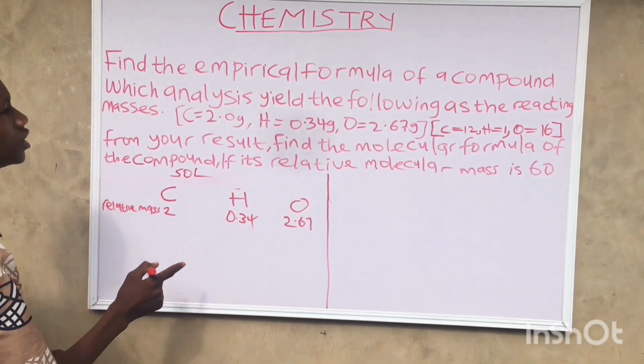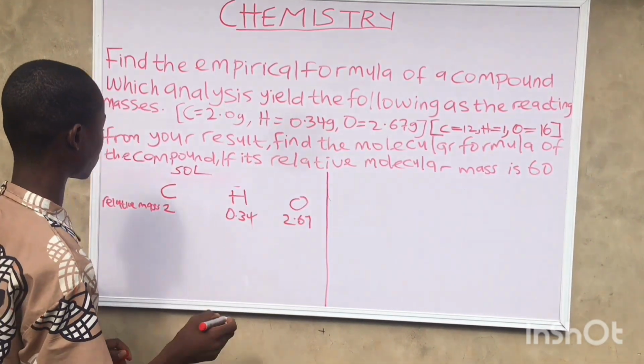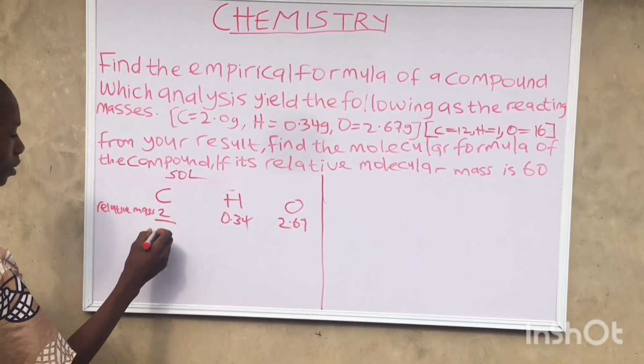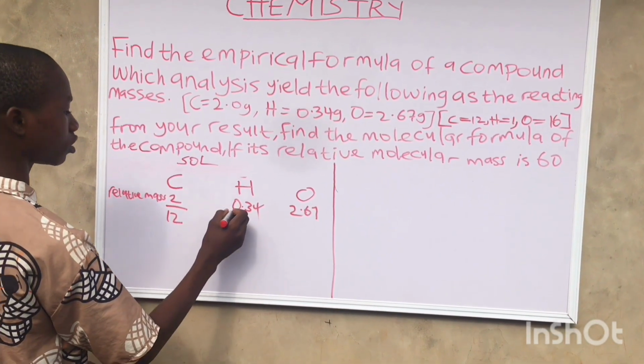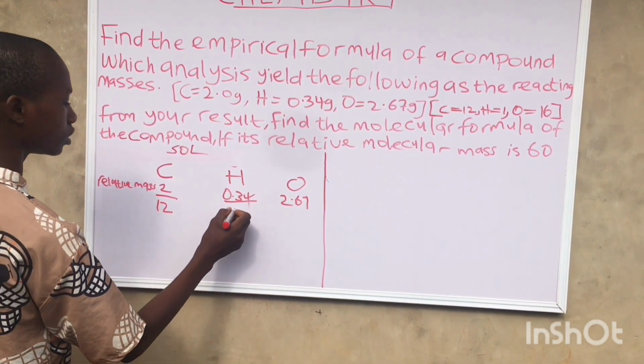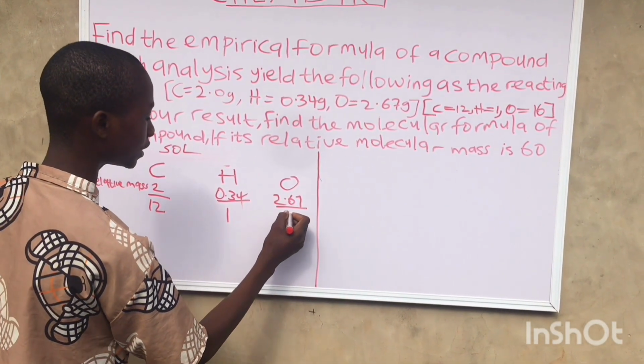We are going to divide these by our atomic masses: carbon by 12, hydrogen by 1, and oxygen by 16.